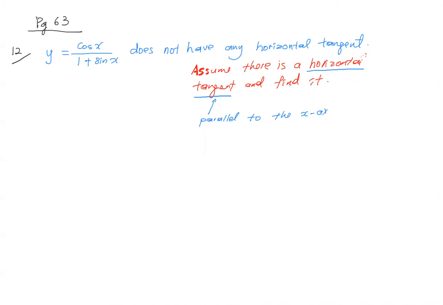Parallel to the x-axis. So what? That will not help me to solve the problem. Is it dy/dx is 0? Yeah. The gradient is 0. So what is the first thing that you must do with this equation?